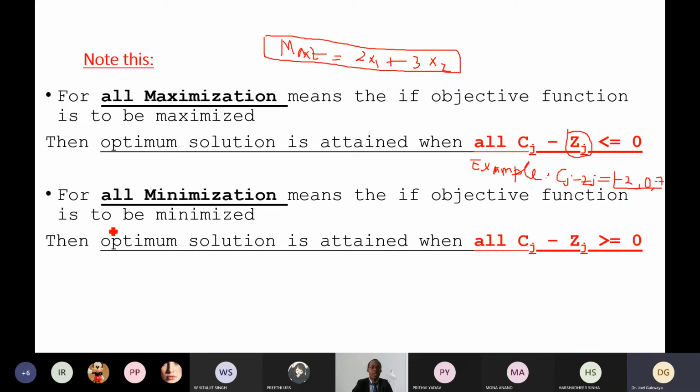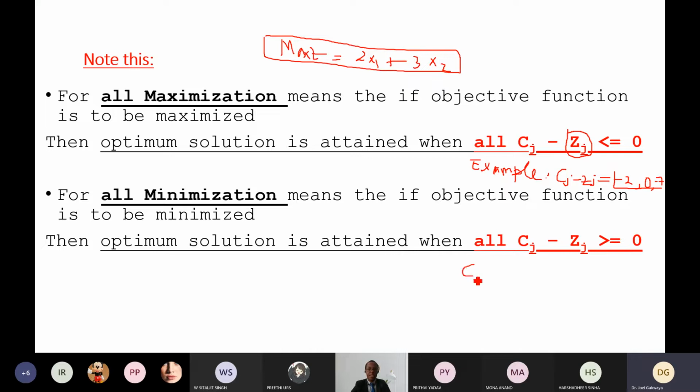For minimization, if the objective function is to be minimized, then the optimum solution is attained when all Cj minus Zj are greater than or equal to 0.